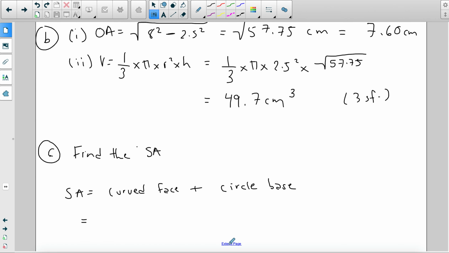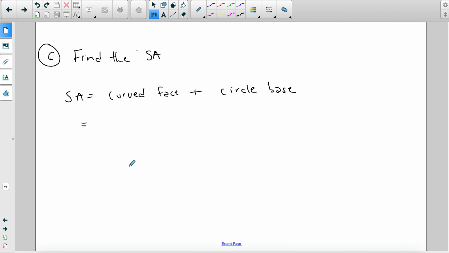The curved face has a formula already, and that is also in your data booklet. The formula for the curved face is just pi times r times L, and L is your slanted height. Okay, the keyword is this L here, the slanted height.